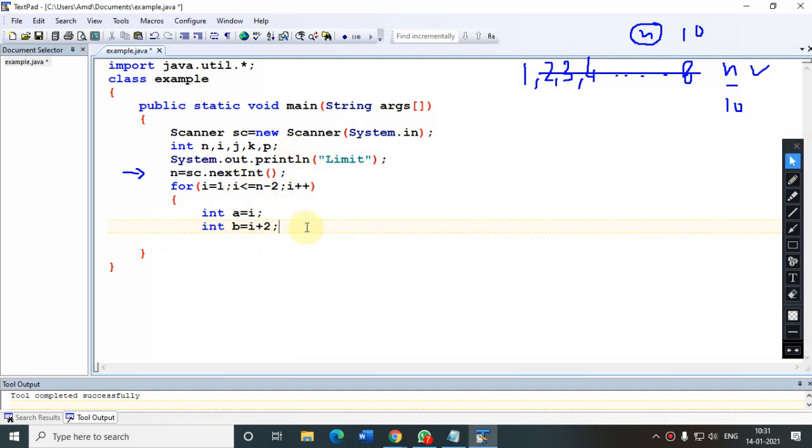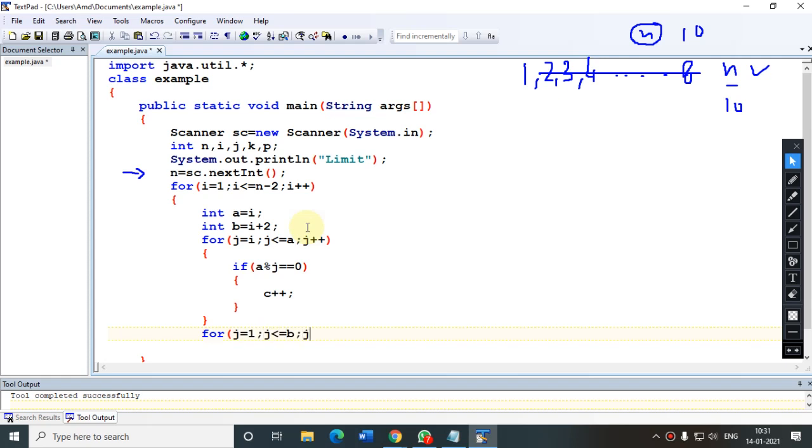After that what we are supposed to do is count the factors of a and b. That is up to you how you are counting, whether you are counting 0 or counting 2. For that, the common condition that everybody knows, like in C++, one more loop is required, j equals to 1. This time it will go till b.